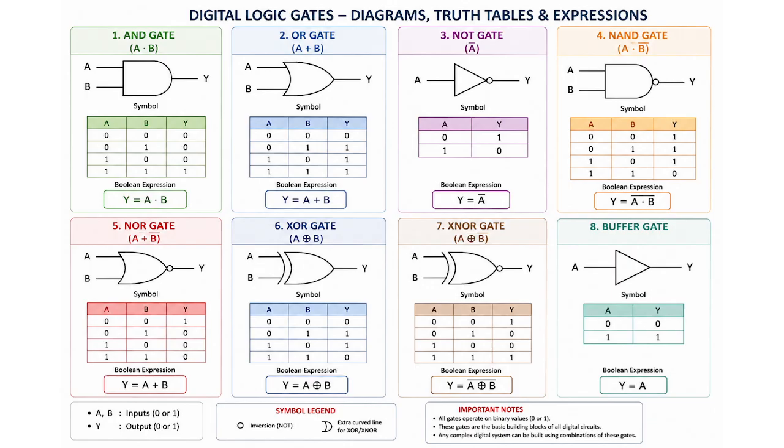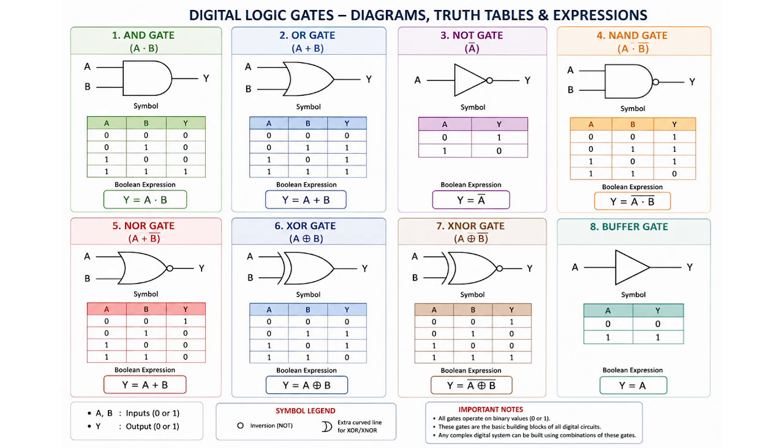For the NOT gate, either you can use a dash above the alphabet, or you can also give a simple code or something above the alphabet.